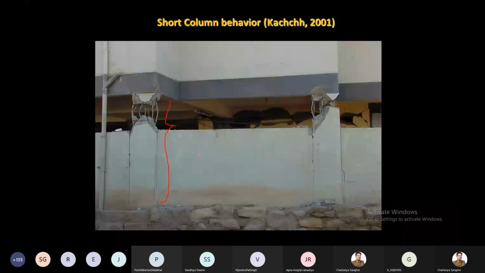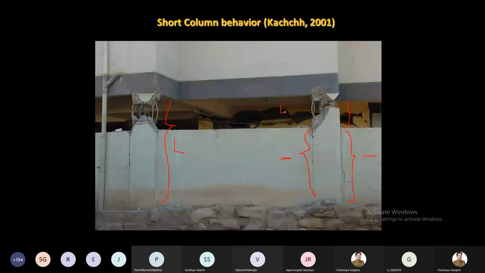The height is L, and this is the ground story column. When the residents found that they needed security, they constructed a compound wall. They have done nothing wrong. Only the concepts are not there. So when they constructed this wall, what happened? This column is confined from this part, and only this part is able to move.